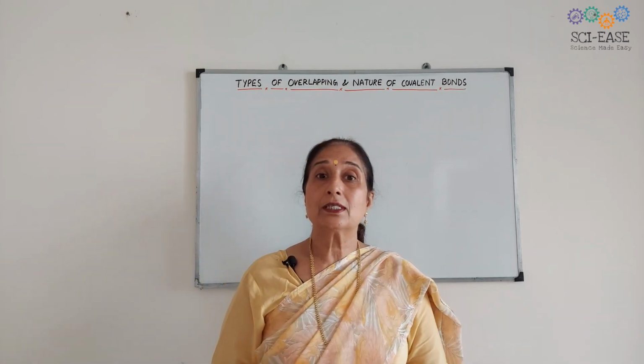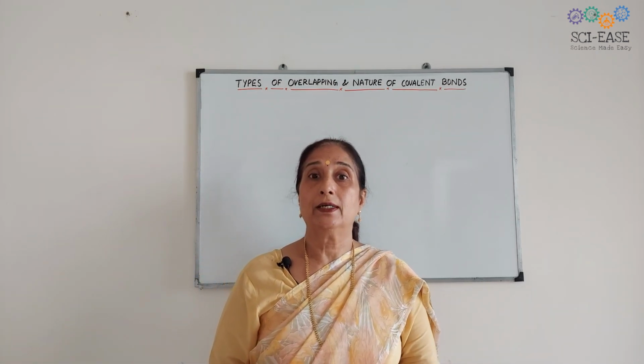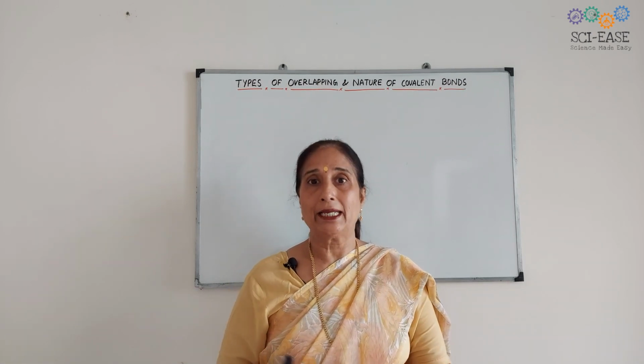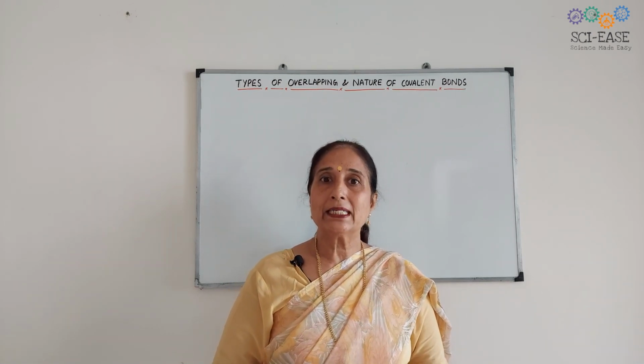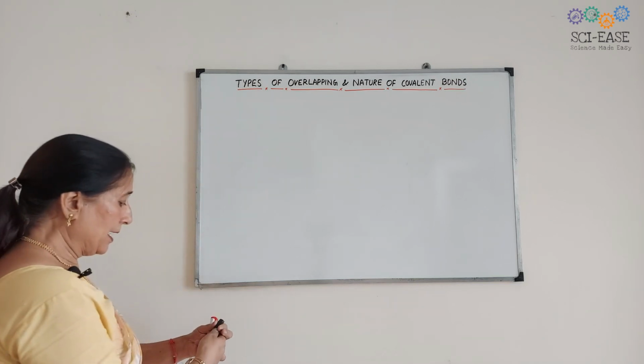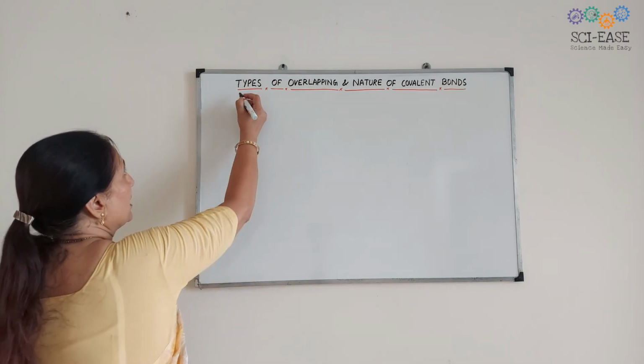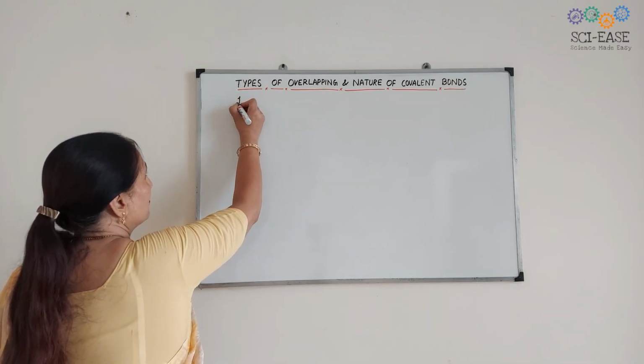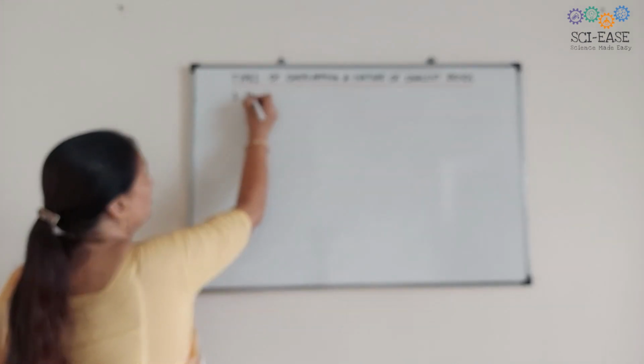Now, this covalent bond is of two types. One is sigma bond and another is pi bond. So the first type is sigma.